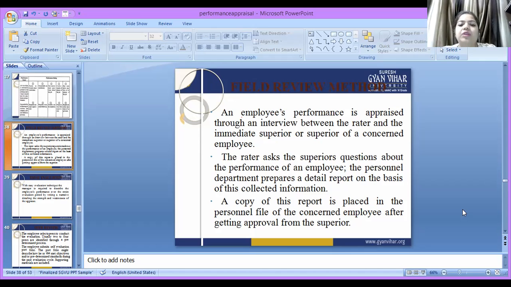The personnel department prepares a detailed report about the information collected from the superior. A copy of this report is placed in the personnel file for the record. This report will help in salary increase, promotion, demotion, and all such things. The file of the concerned employee is maintained after getting approval from the superior, because in this method the rater asks the questions and maintains the file on the basis of the answers collected from the superior.